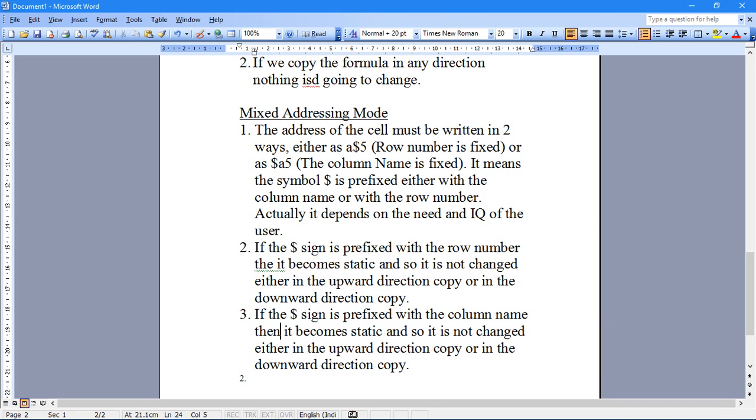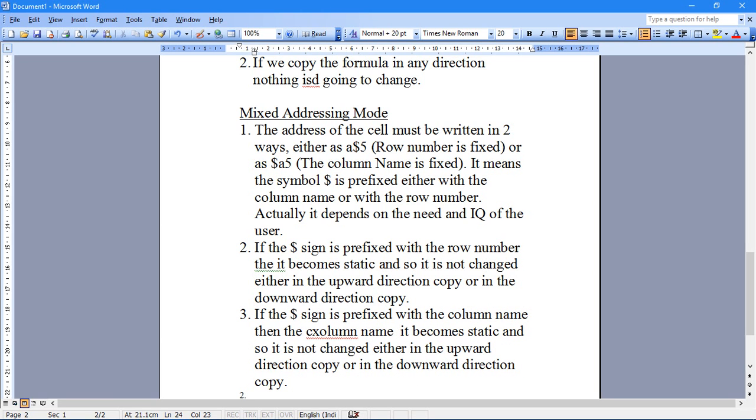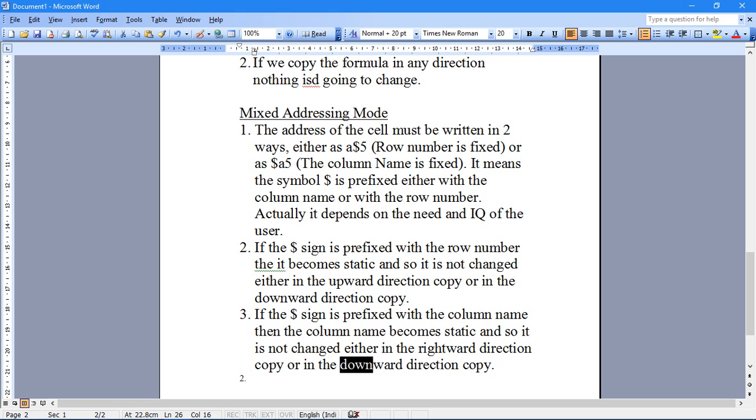Then the column name becomes static, and so it is not changed either in the rightward direction copy or in the leftward direction copy. This is another point.